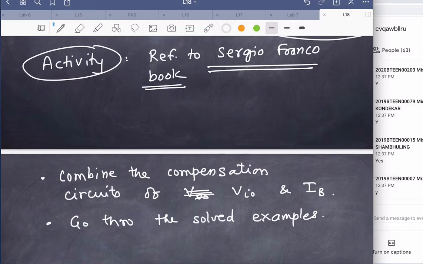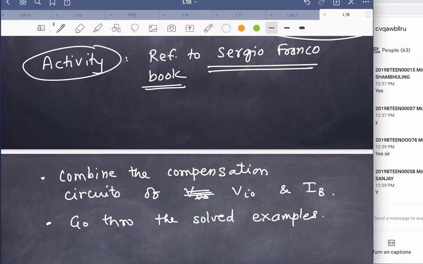Will it be useful? Okay. So somebody will find out appropriate pages, and they can share only those pages which have these circuits. And then you go through the solved examples so that you will be able to understand how to design the compensation circuits for VIO and IB.